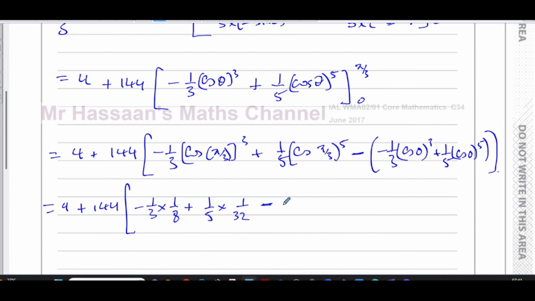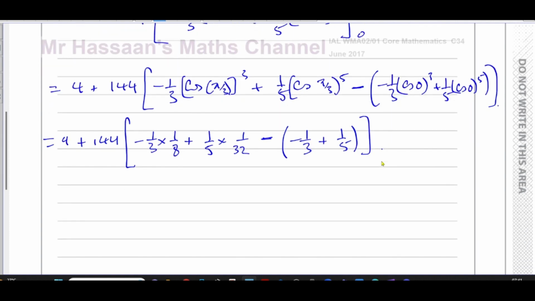Minus, and you have here minus 1/3, now the cosine of 0 is 1. So that's minus 1/3. Plus, the cosine of 0 again is 1, so it's 1/5 times 1. So that's 1/5.